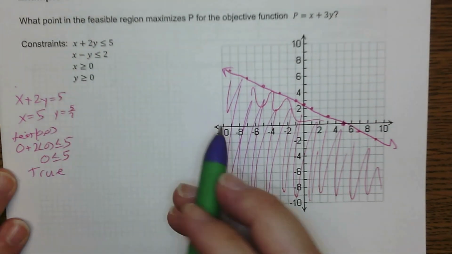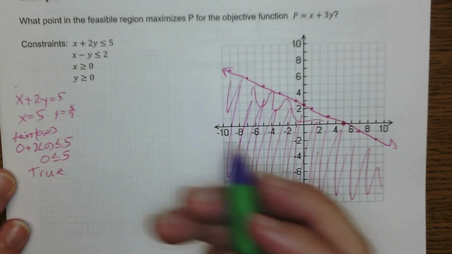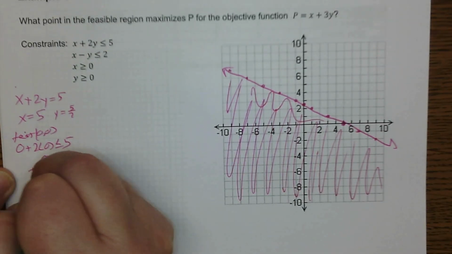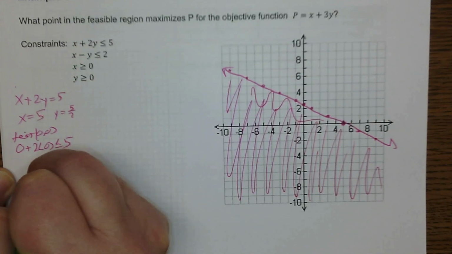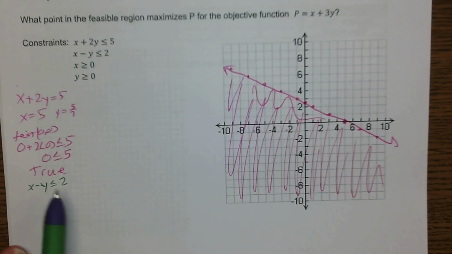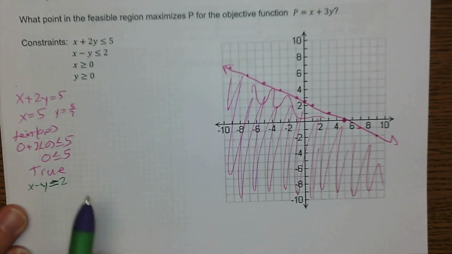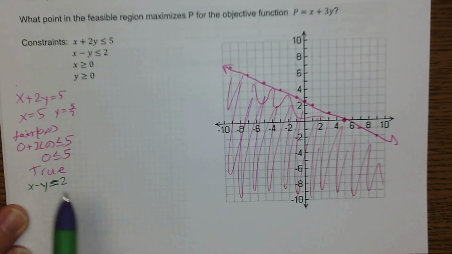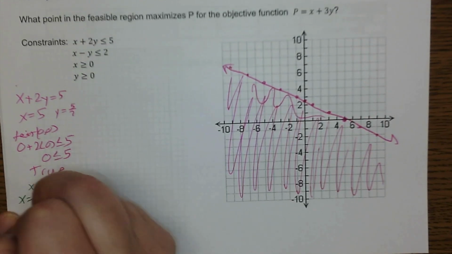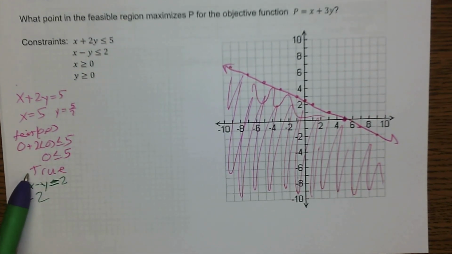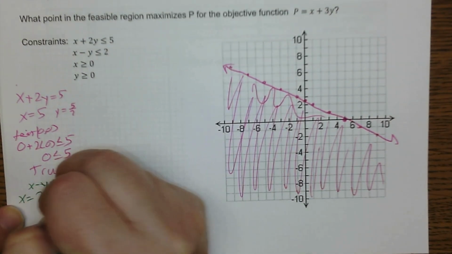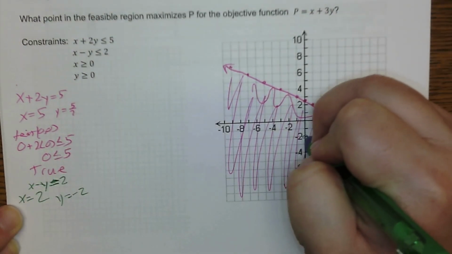All right, next one, let's try green. X minus y is less than or equal to 2. Using the cover-up method, let's make this equal. Using the cover-up method, x equals 2, and negative y equals 2, which means y equals negative 2.